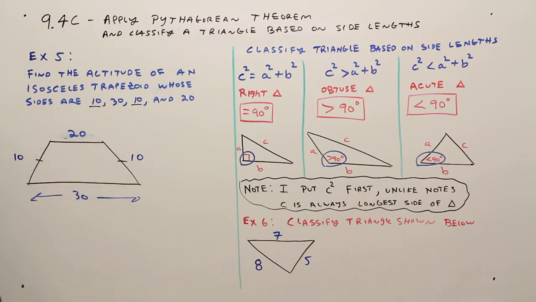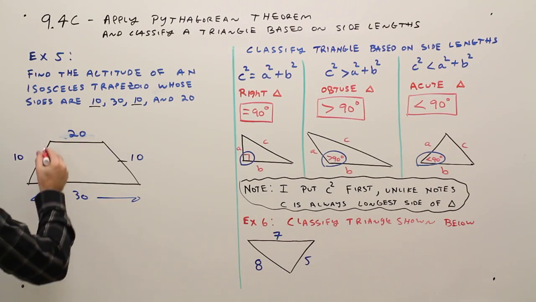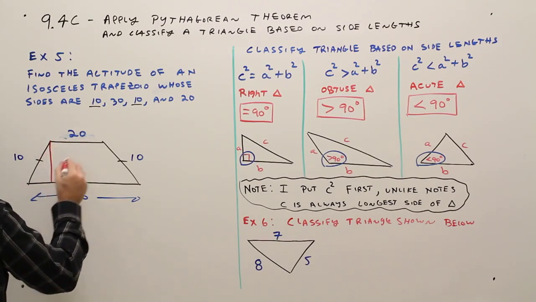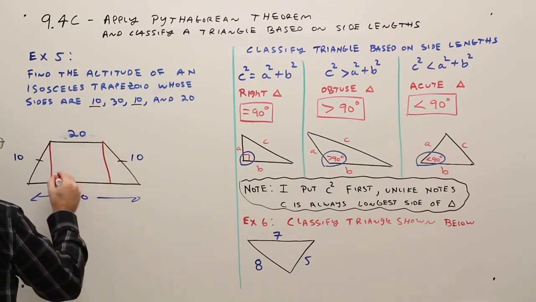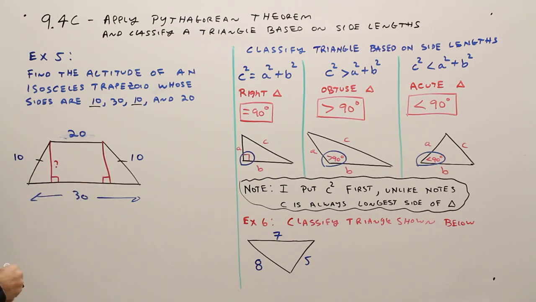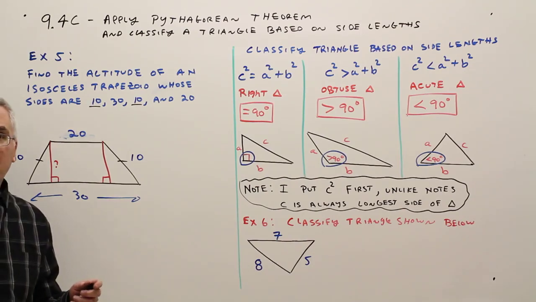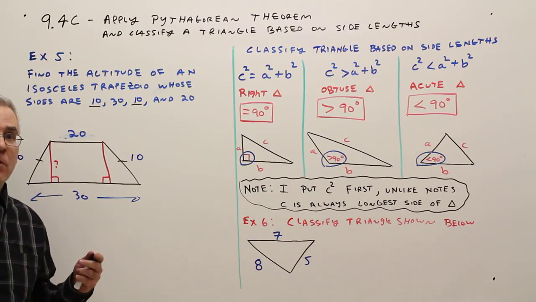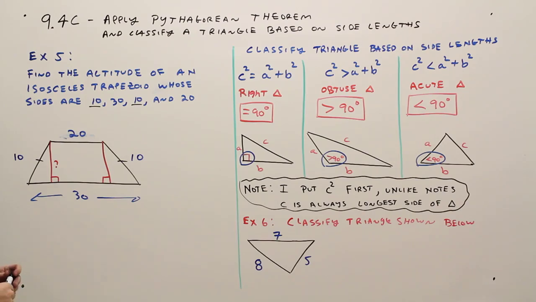And what I'm trying to do is find the altitude. I'll actually draw both of them. Okay, so one thing you want to note is with an isosceles trapezoid, we have symmetry going on.